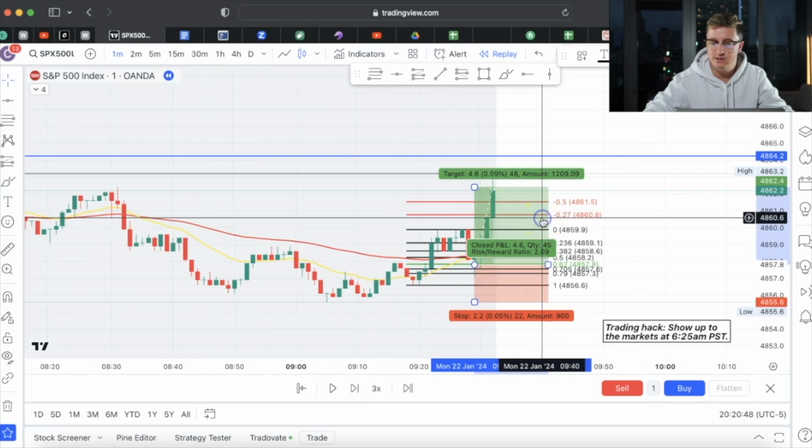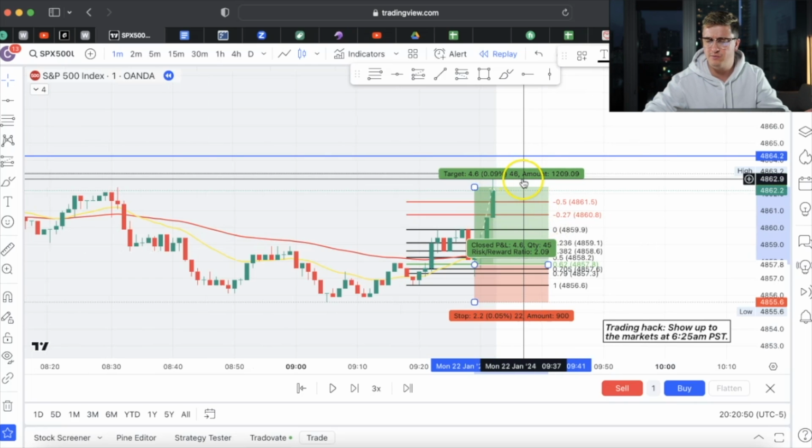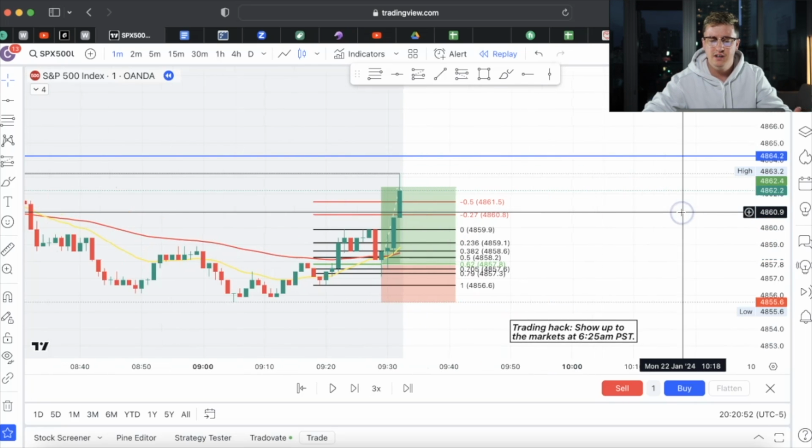Now you're probably saying to yourself, Colt, this trade, it's a 46 pip TP. That does not matter. The thing that you guys should be focused on is the actual setup itself, not the amount of pips. We just want to get positive risk reward ratios, and we want to get really optimal entries.